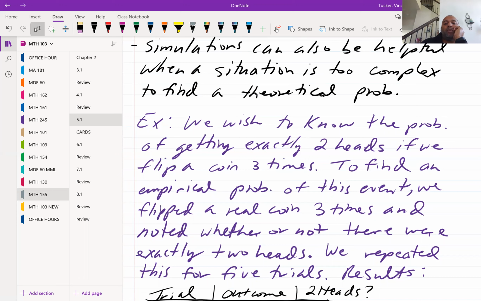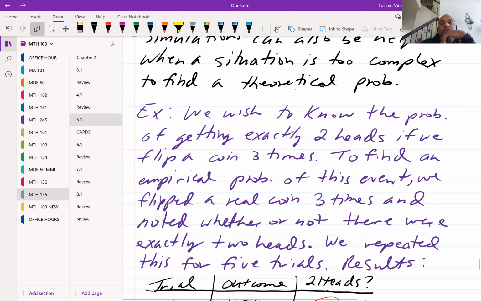So looking at the example, we wish to know the probability of getting exactly 2 heads if we flip a coin 3 times. To find the empirical probability of this event, we flipped a real coin 3 times and noted whether or not there were exactly 2 heads. We repeated this for 5 trials. We're looking at the results.